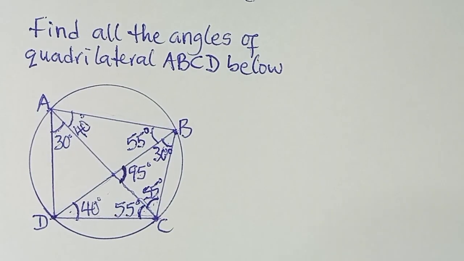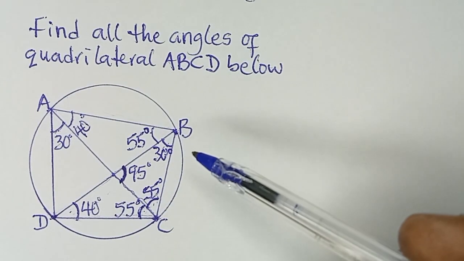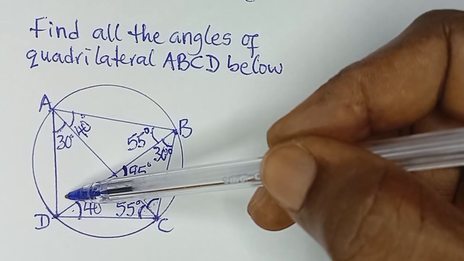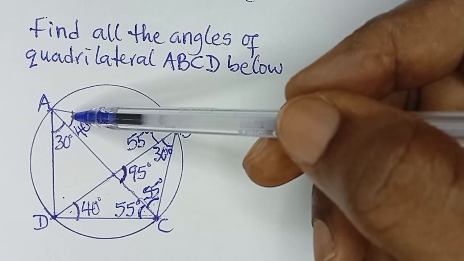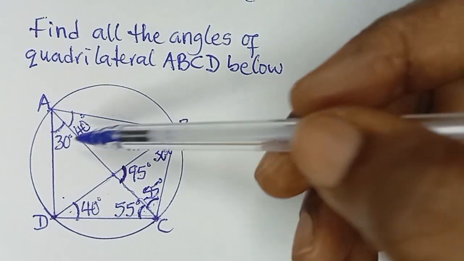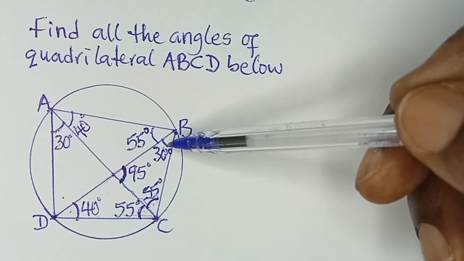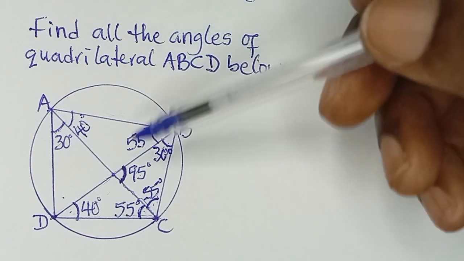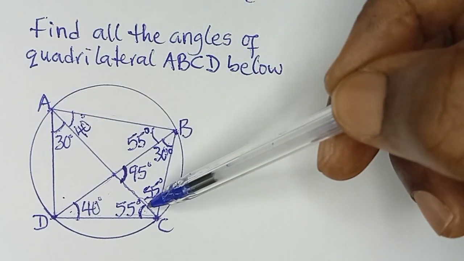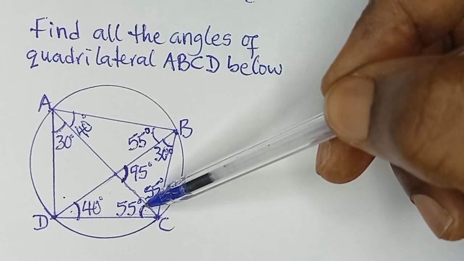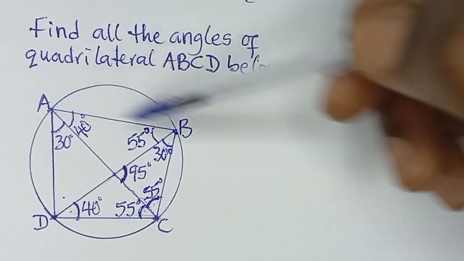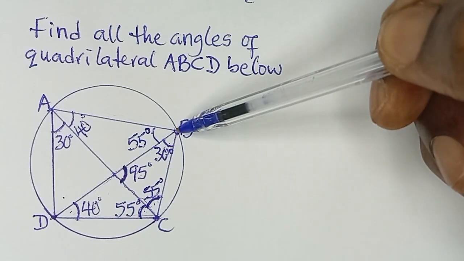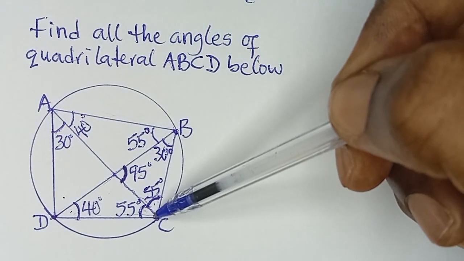Now, the last one that we also need to get is this angle here. If this is 55, that we just got, using points A and D, you can see them forming angle 55 here.